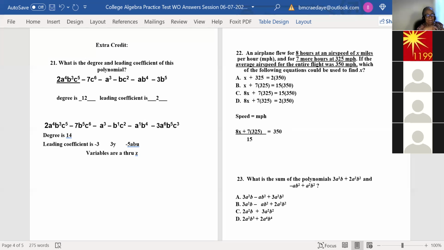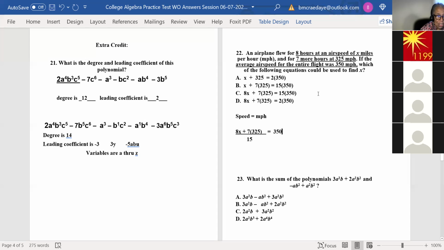So that's the way our equation would look: 8 times X miles per hour plus 7 times 325 miles per hour divided by 15, which is 8 plus 7. And that would give us our average, 350 miles per hour.